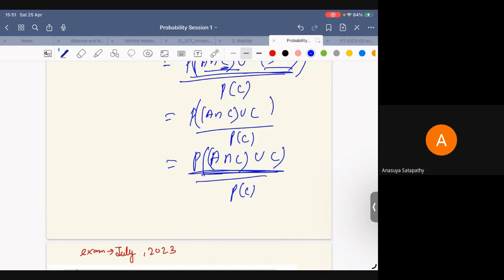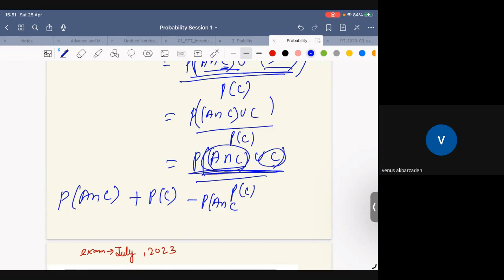Imagine this is one set and that is another set. So apply the full formula and open it: P of A intersection C plus P of C minus P of A intersection C intersection C, divided by P of C.